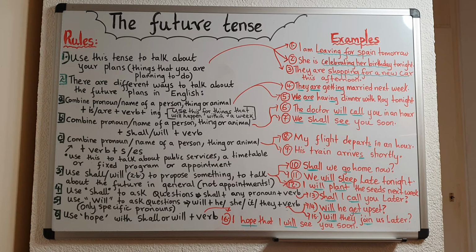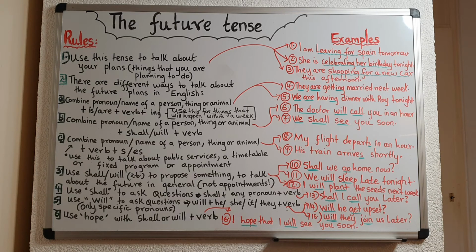Remember to use that construction to talk about public services, okay? Public services, a timetable or fixed program or appointment. So we use that combination when you want to talk about public services, a timetable or a fixed program or appointment.